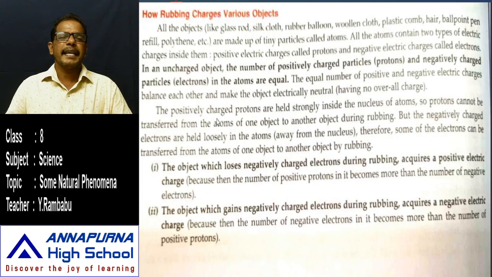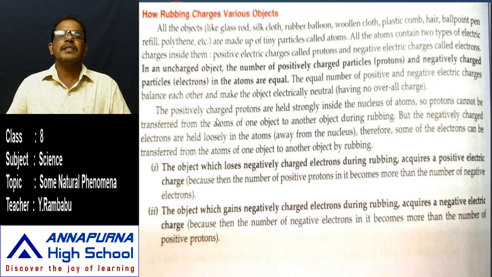Like that, in any uncharged object, what particles are present? Electrons, protons and neutrons. The number of positively charged particles, protons, and negatively charged particles, electrons, are equal. If the positive charges and negative charges are the same in number in any object, then what about the net overall charge?